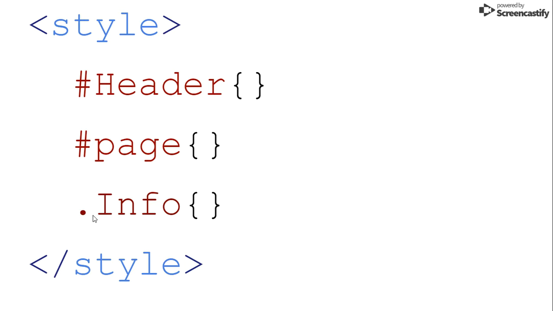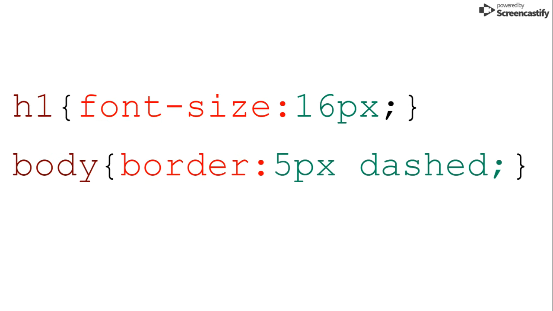Now let's zoom in on what's actually within the curly braces and how to add your specific CSS styles. This is the H1 tag, and I have an attribute font size, colon, 16px, semicolon. The format works like this: attribute name, colon, attribute value, and semicolon.